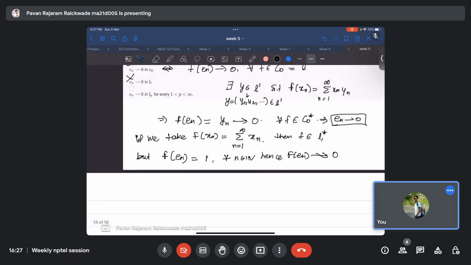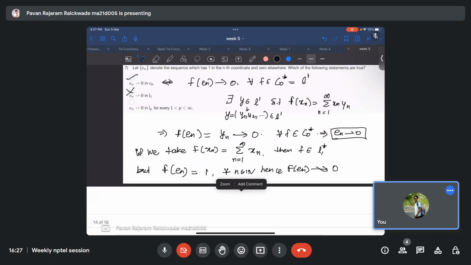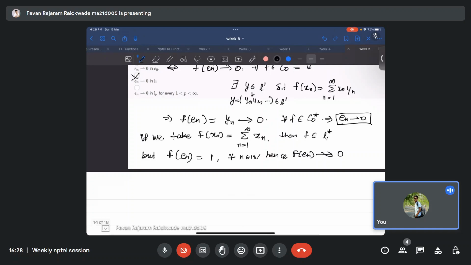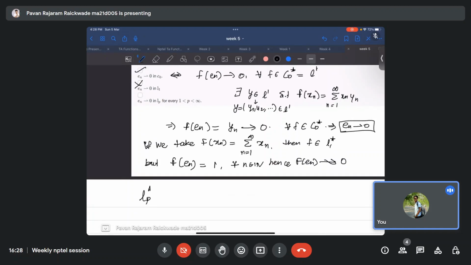The last part, with the same logic, p from 1 to infinity. See, Lp star is Lq, right, for all p from 1 to infinity.